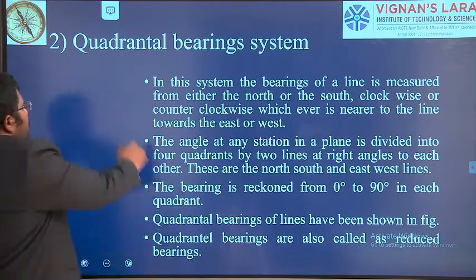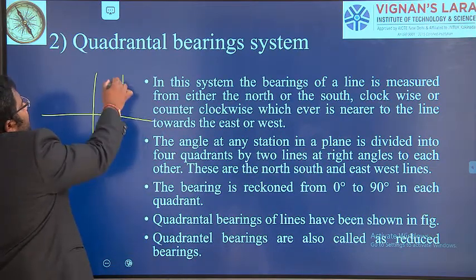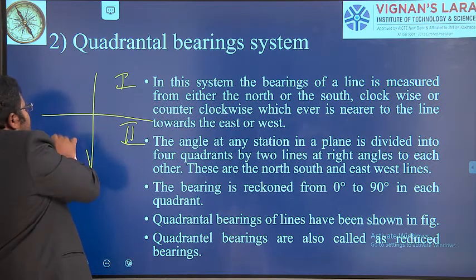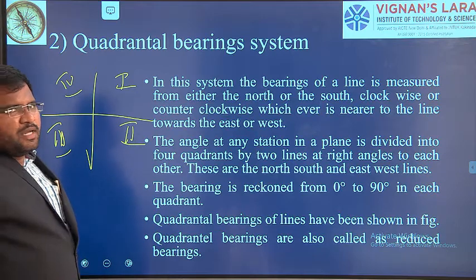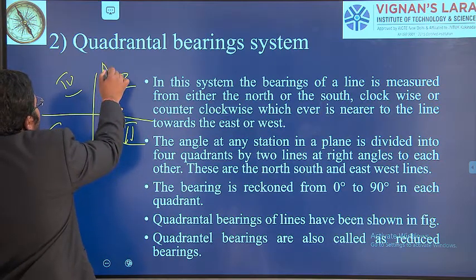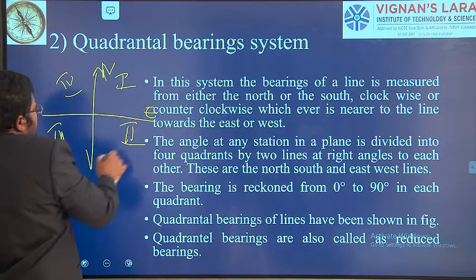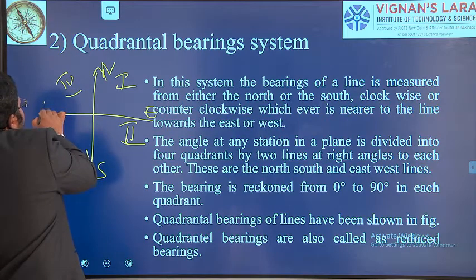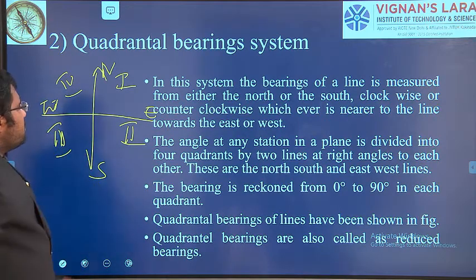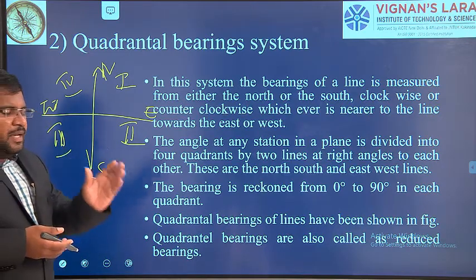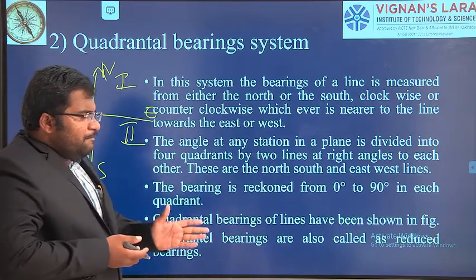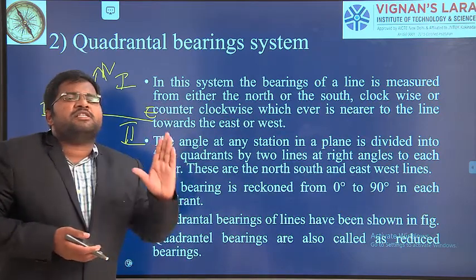Next, the quadrantal bearing system. As I already said, we divide into 4 quadrants: first, second, third, and fourth quadrant, with north, east, south, and west. Now the bearing or angle of a given line is represented with respect to north or south.